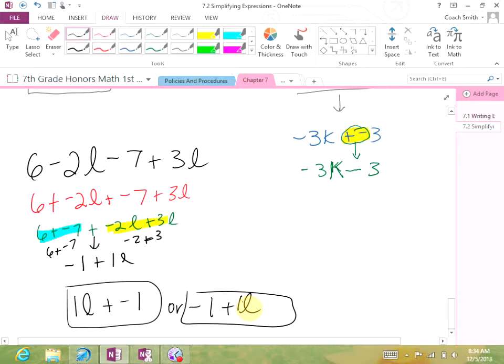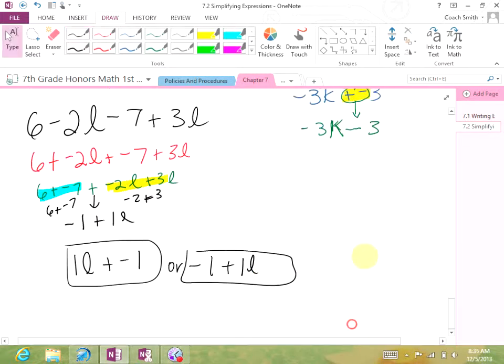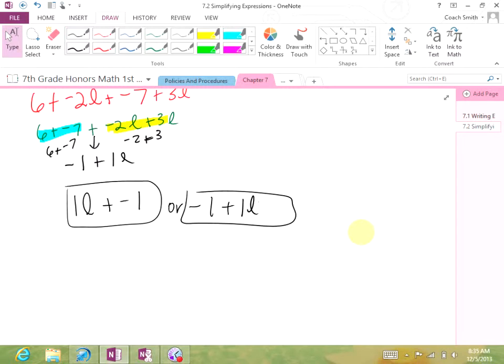Once again, the one does not have to go in front of the L. If you put it there, it's not wrong. Okay, but both of those would be the same answer because of the commutative property of addition. Now, realistically, if you were going to write this one, it really needs to be that right there. Because once again, you have that plus and negative.